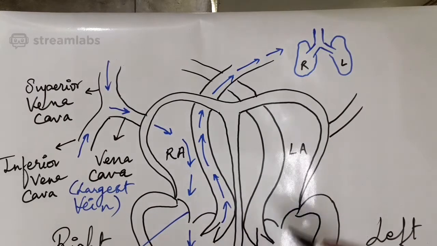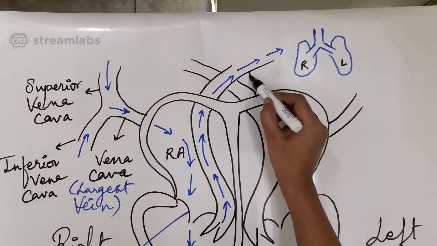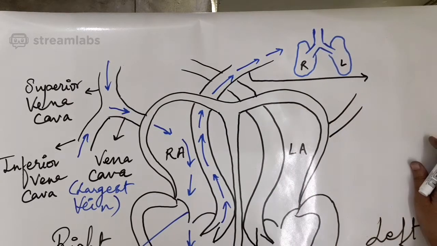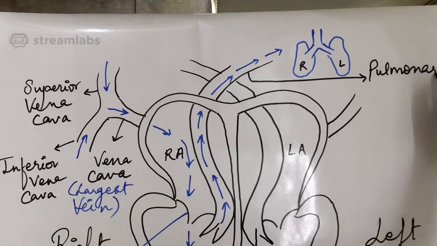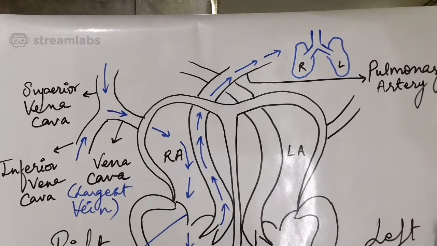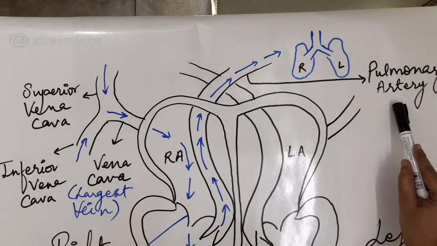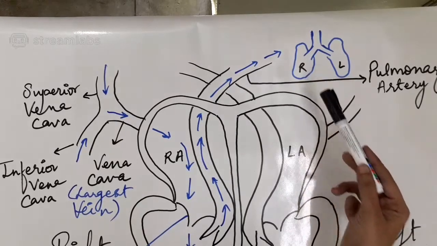From this side, this vessel carries the impure blood into the lungs and is known as the pulmonary artery. We discussed that arteries always carry pure blood, but this is an exception, carrying impure blood from the heart to the lungs.